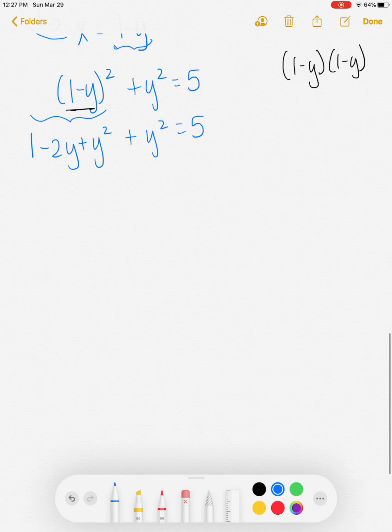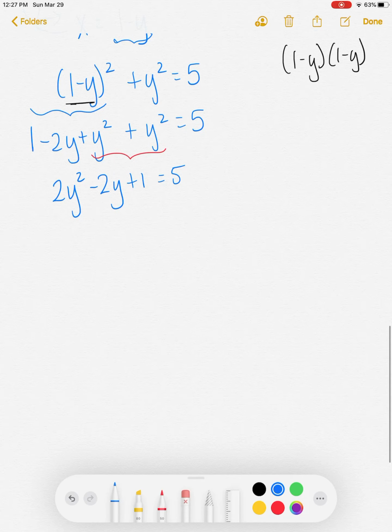So now I'm going to combine like terms. Notice that I have 2y squareds here. I'm going to put them in descending order because that's how I like it. The next one would be minus 2y, and then the plus 1 equals 5. So now I have to solve this guy.